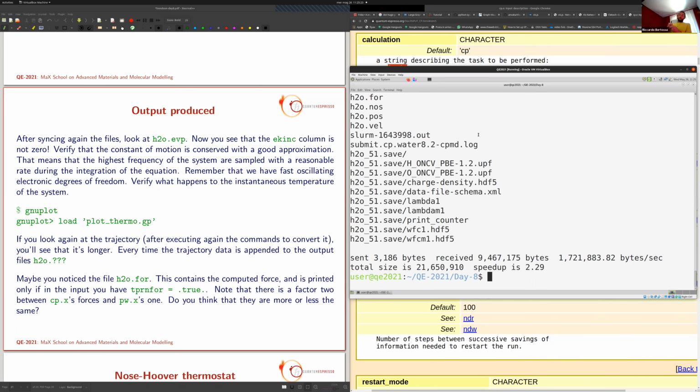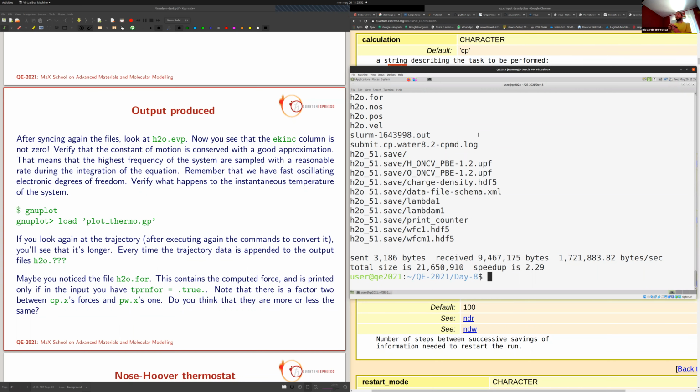An important thing: if you keep the same prefix for the trajectory, every time you run the code it is going to append the new quantities at the end of the file. So it is not going to overwrite the file, but it is going to append new atomic positions, new atomic velocities, new cell vectors, new thermodynamical quantities at the end of the file.